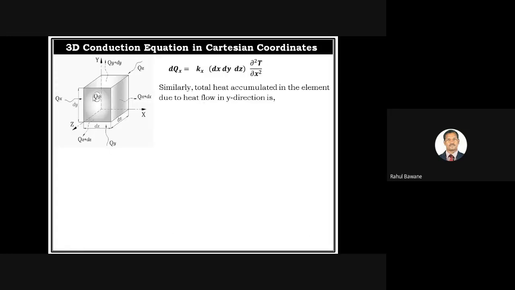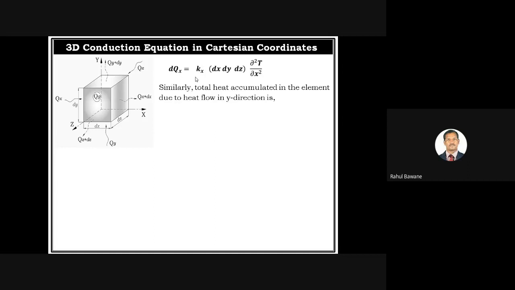Now for other directions, suppose the y direction, again we can derive in the same way, but no need to go into that much detail. We can write directly. Similarly, total heat accumulated in the element due to heat flow in the y direction. We are not deriving again, we are simply replacing the values.